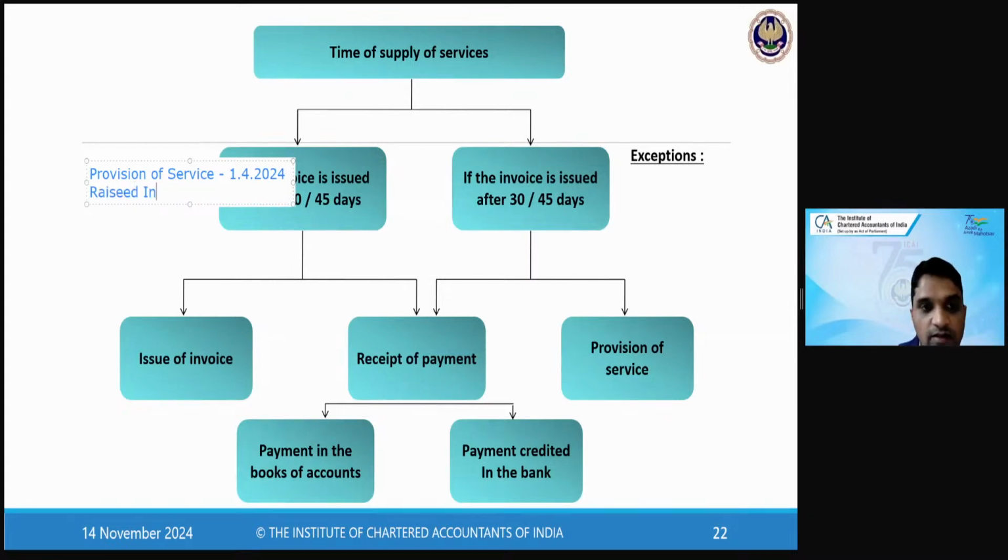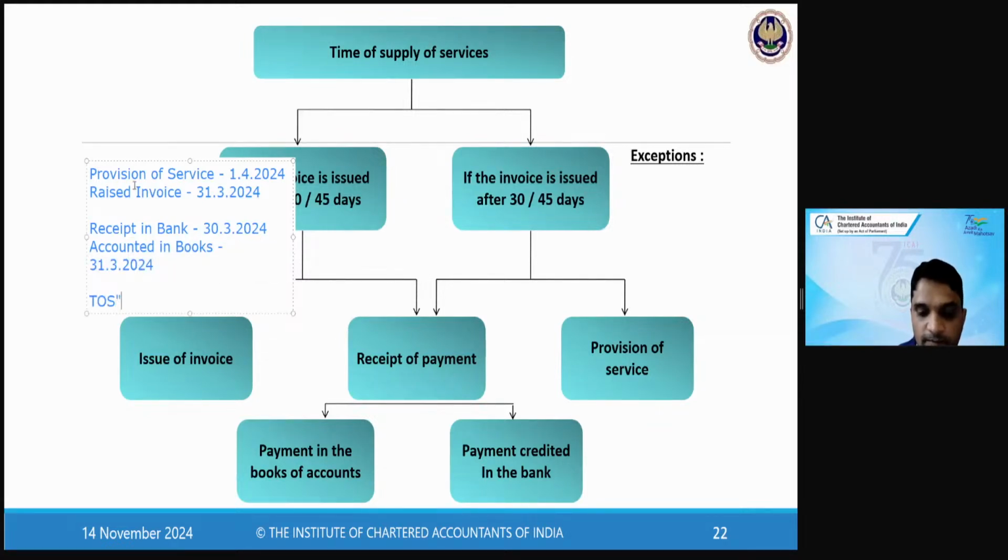Raised invoice on 31st March 2024. Receipt in bank is on 30th of March 2024 and accounted in books is on 31st March 2024. What is the time of supply in this case?